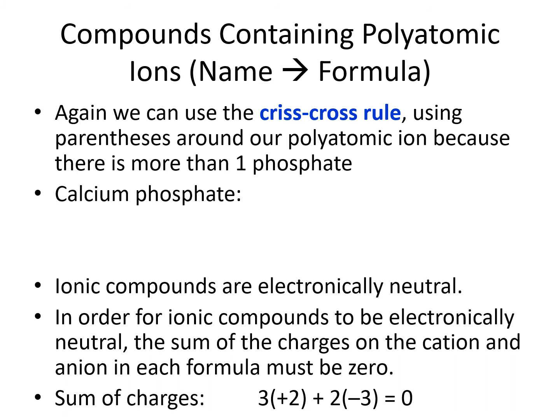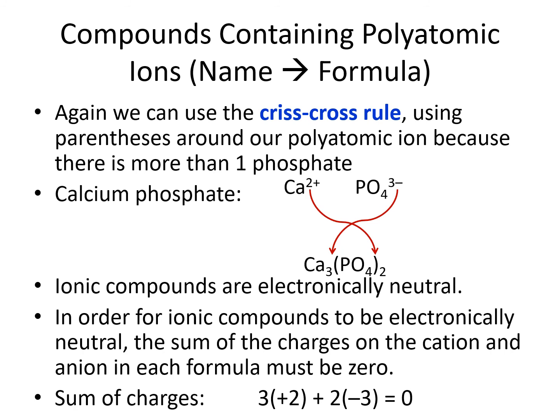After figuring out those charges, we do the crisscross rule. We figured out that calcium is a +2 charge, and phosphate is a -3 charge. When we crisscross, the 2 from the calcium goes down next to the phosphate, and the 3 from the phosphate goes down next to the calcium. Notice that we've put parentheses around the phosphate before putting our 2 next to it.